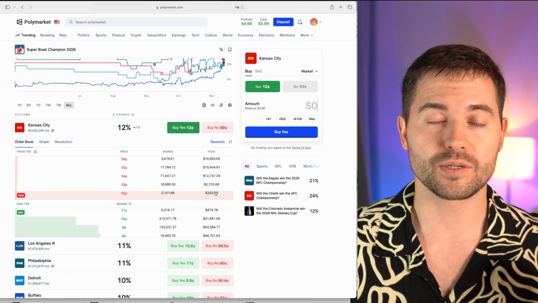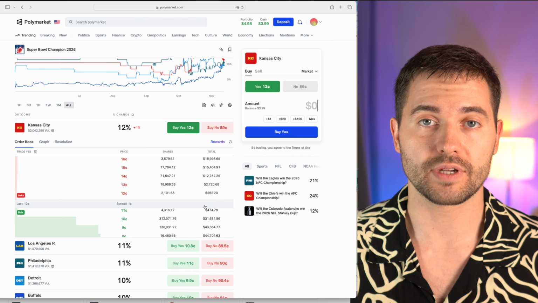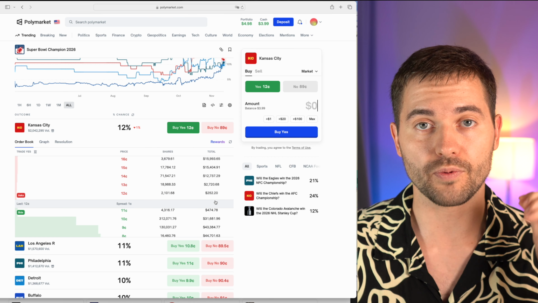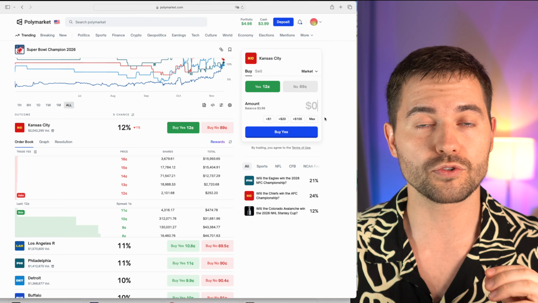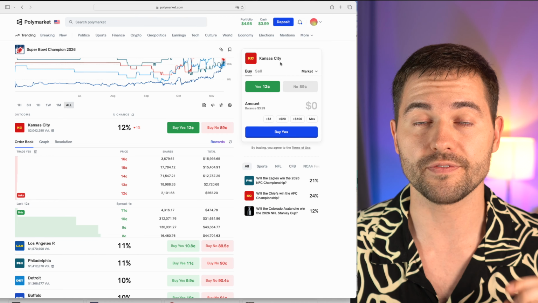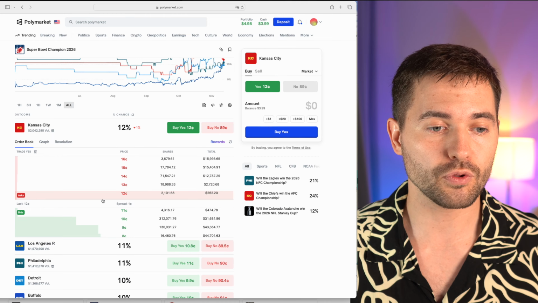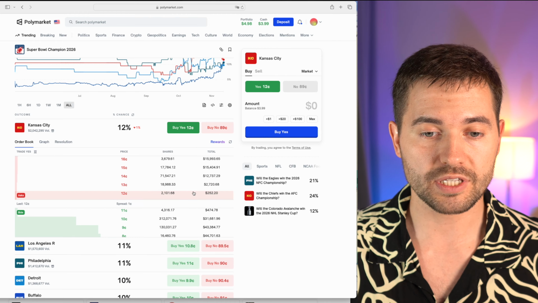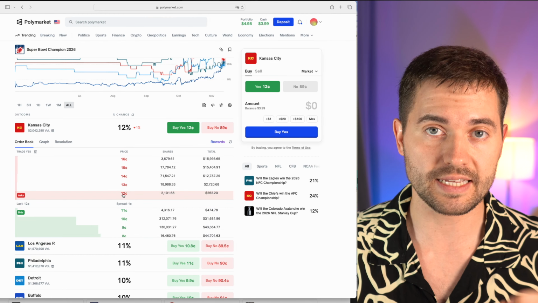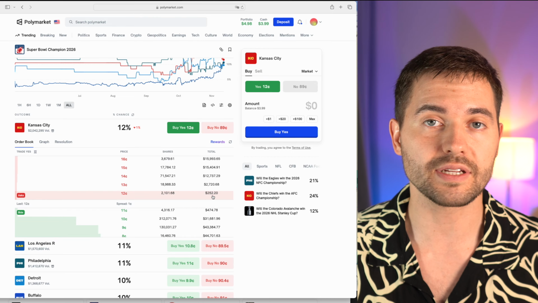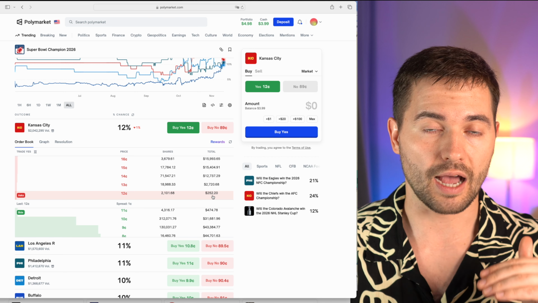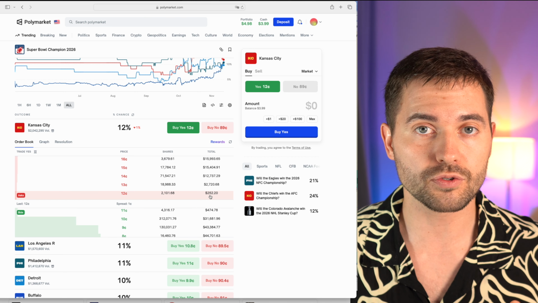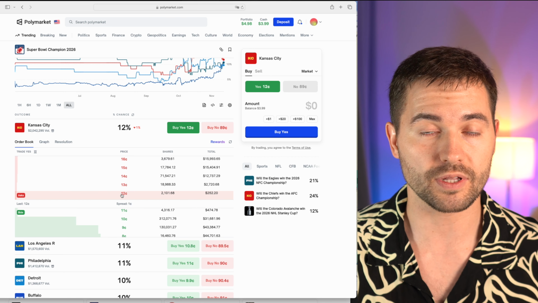And the reason why it's important to look at this book, and you cannot just blindly throw any money when you're placing your bets, is because if you want to put, let's say, $1,000 on the victory of Kansas City, and you look down in the book, you see that at these 12 cents, only $252 is available. So what will happen is, out of your 1,000, $252 will be filled at this price, 12 cents.